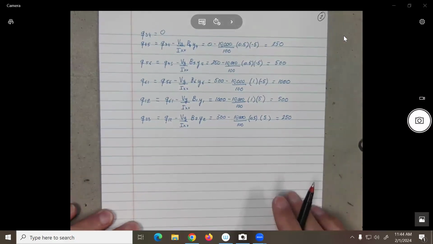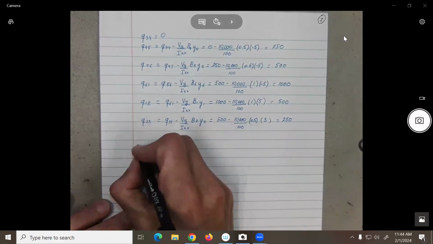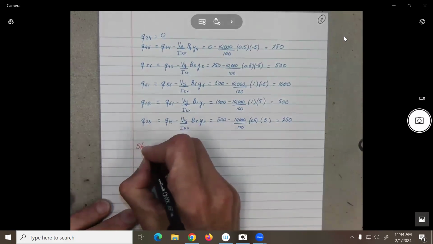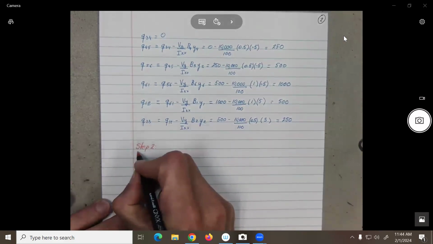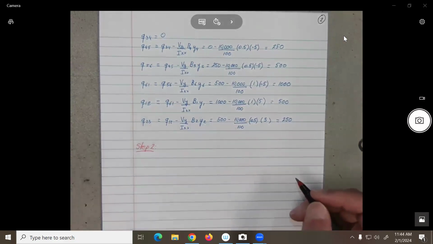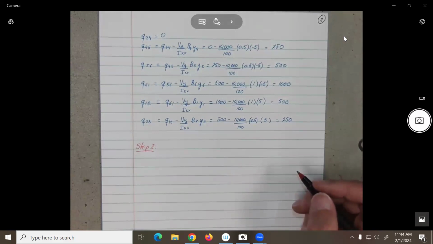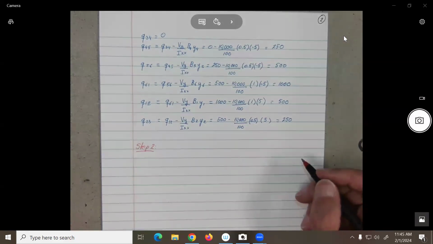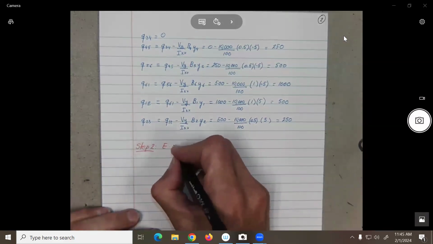So we finished step 1. If we look at the notes from last time, what was step 2? Okay, we have the 2 bars, no? Is that what you're saying? But what pattern did I put on step 2? I said evaluate shear force? Yeah? Okay, so evaluate.